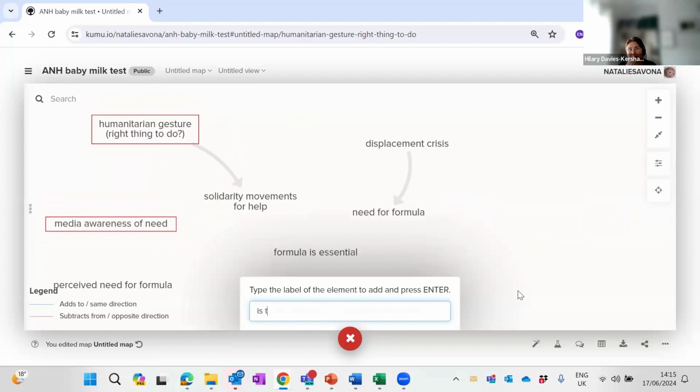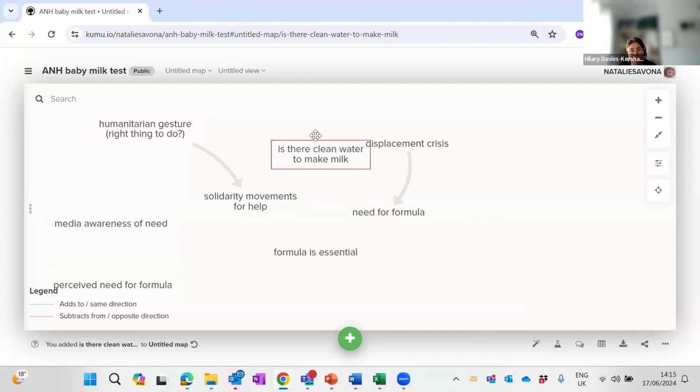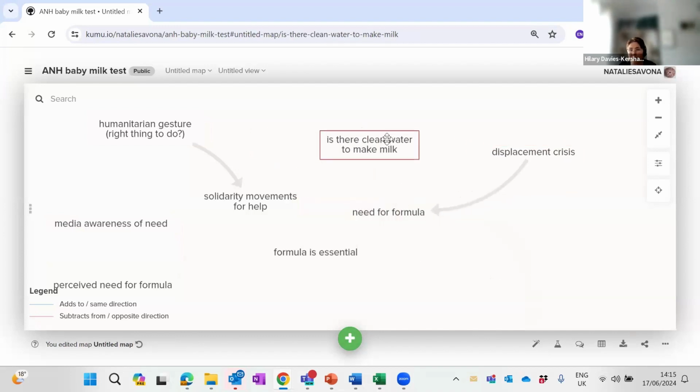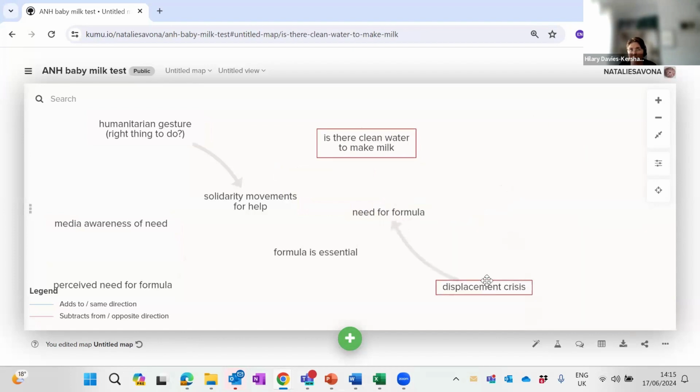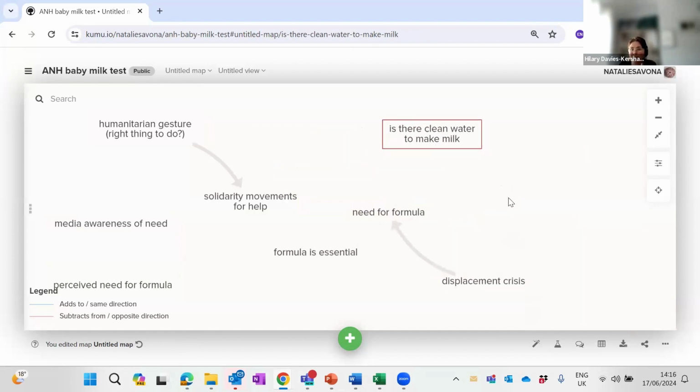No, I'm probably a little bit confused. I think it's more about this need to help, but not actually assessing the situation or the environment. So if they're providing all these breast milk substitutes, but actually it might cause more problems if they're not able to actually make them up with clean water.